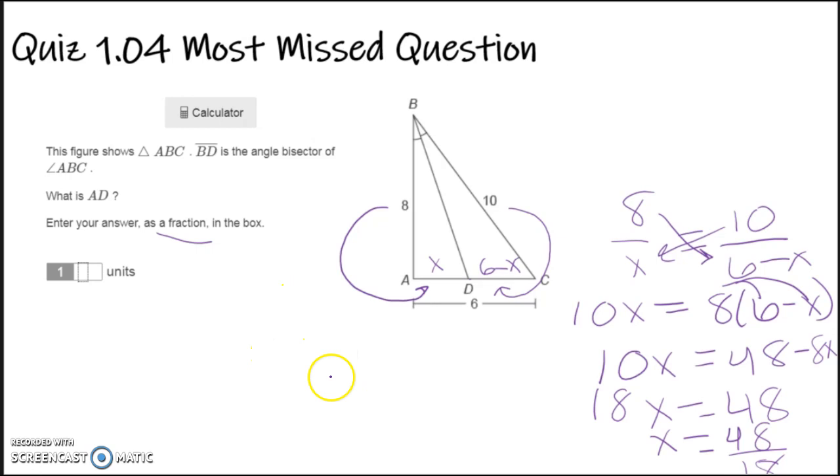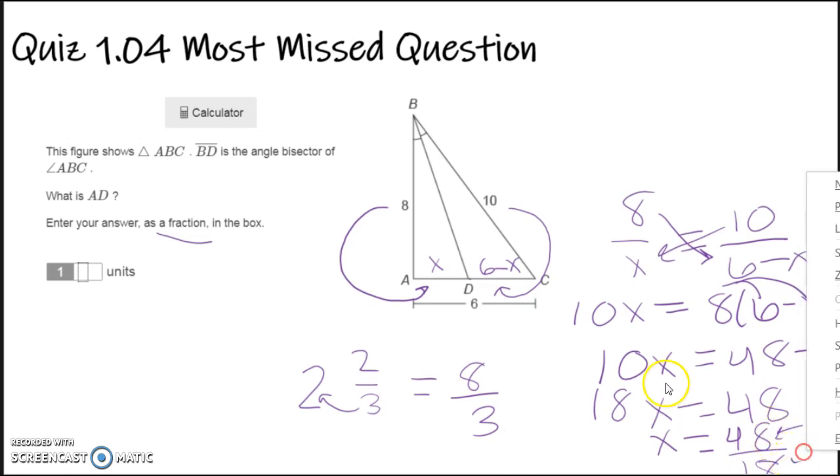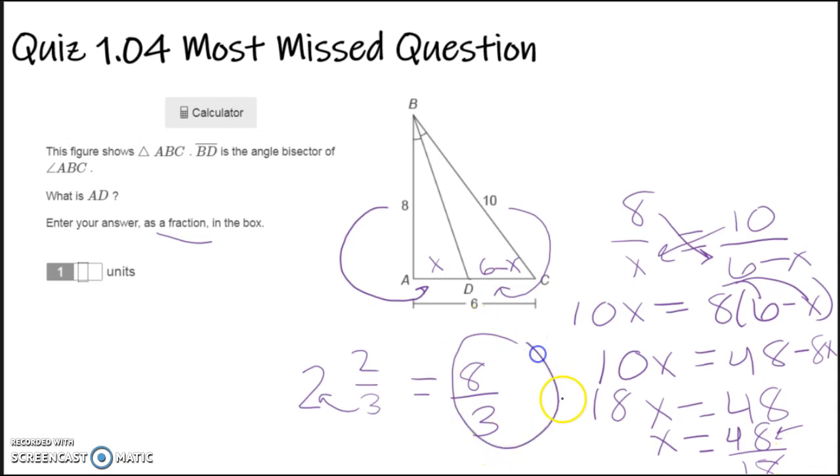So make sure you get this in fraction form. As a mixed number, it's 2 2/3. If you want to convert that, you can, and you would get 8/3. However you decide to simplify, you might notice that 6 comes out of both of these as well, and you can simplify that way. However you like to simplify your fractions, that would be your answer. AD is 8/3.